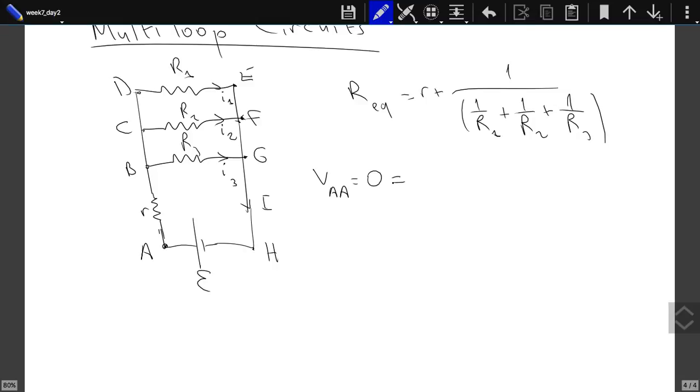Now VAA, we can write it as VAB plus VBG plus VGH plus VHA. This is called one loop. So I start from A, I go to B, from B to G, from G to H, and H back to A. This is one loop.